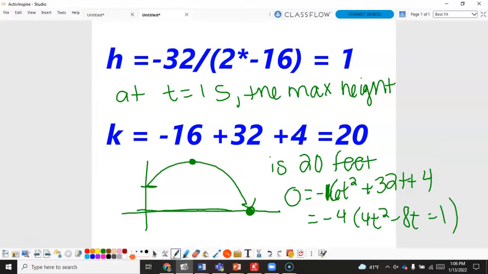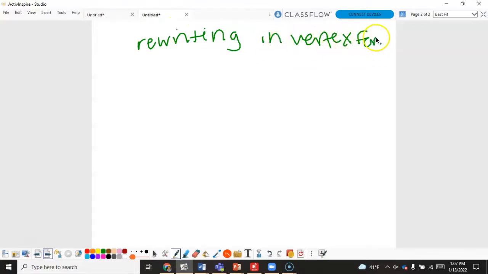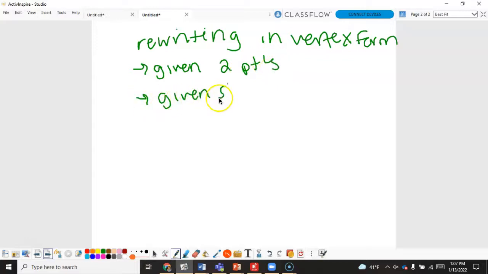So is it just on this stuff with making the table and what we did last time? Yes, so last night's homework. The big concepts are rewriting in vertex form, given 2 points or given standard form. Finding the roots from a table.